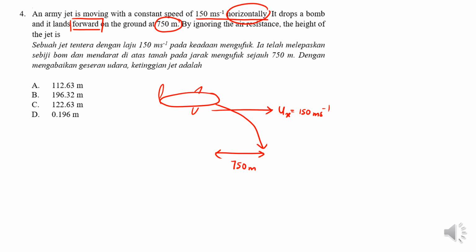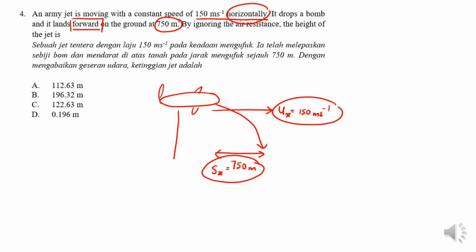So this is our x, the 750 meters. How far it landed is 750 meters. So that's why this is our displacement in the x component, and this is our initial velocity also in the x component.